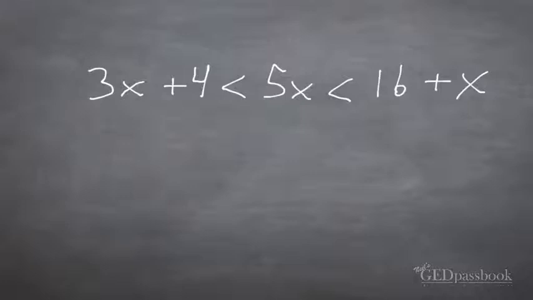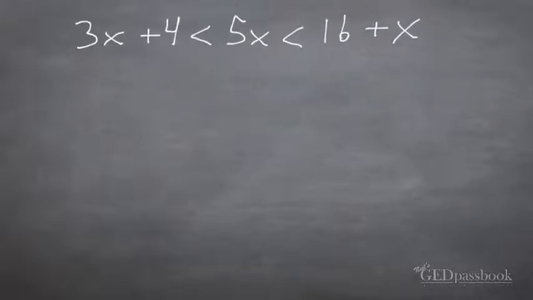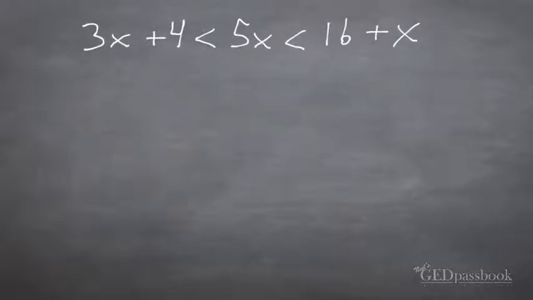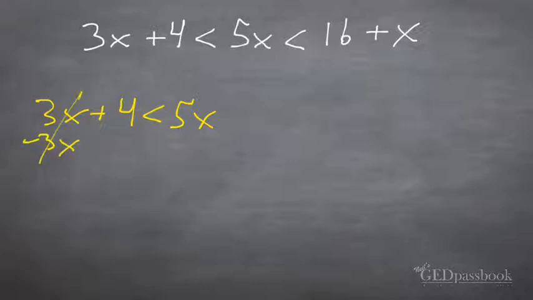If we were to rewrite it, I recommend rewriting it if that helps you. What must we do first? Do the negative 3x and put it over on the other side. Good. The 3x wants to be with its other buddy, the 5x. Cancels out.